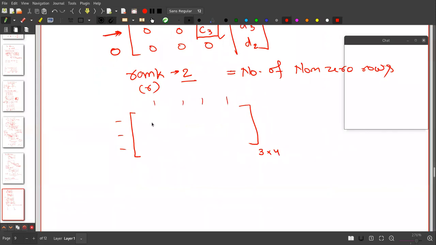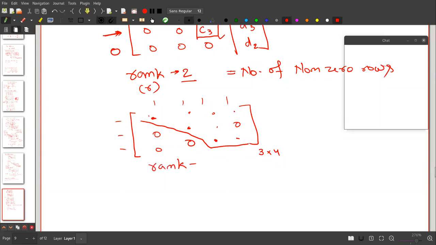After we reduce it to some row echelon form, it will have some values here and some zeros, and you can see this is in row echelon form. After converting it, we have three non-zero rows, so it has a rank 3. But three equations cannot solve four unknowns. We need four equations.